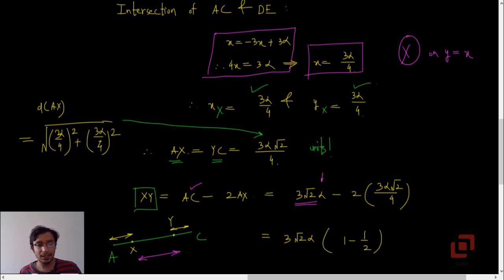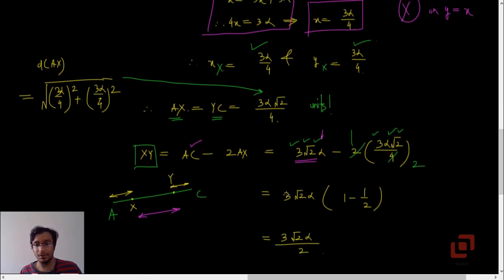Okay, take 3 alpha root 2 common, and then it will be 1 by 2 in the second term, so 1 minus 1 upon 2. So XY in terms of alpha is now 3 root 2 alpha into 1 minus 1 upon 2, or 3 root 2 alpha upon 2 units.